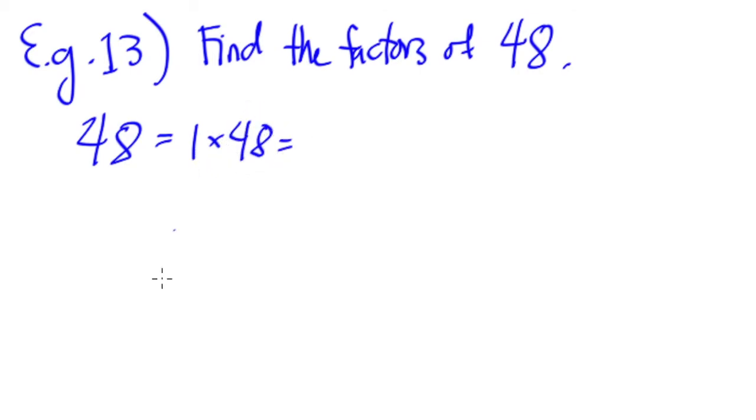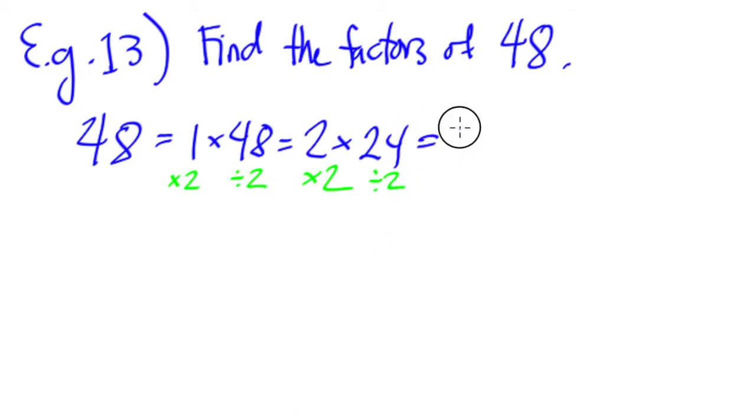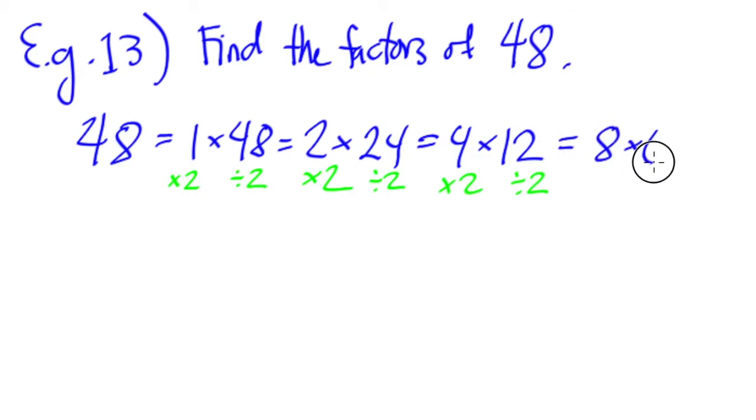How do I apply this? Double this, half that. So we have 2 times 24. Can the process still be made? Yes, double this, half this. What we have is 4 times 12. Again, can we still continue? Double this, half this. What do we have? 8 times 6.